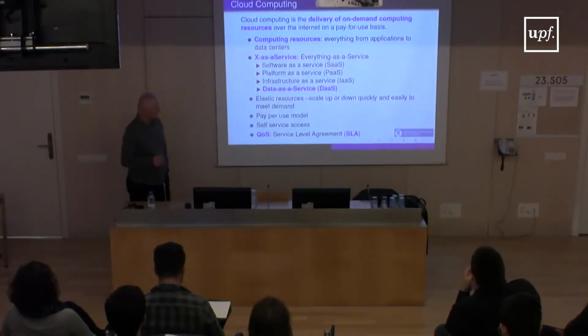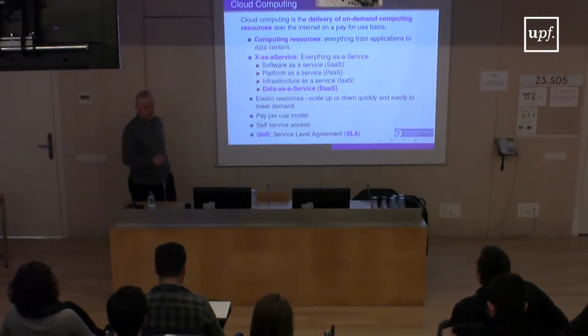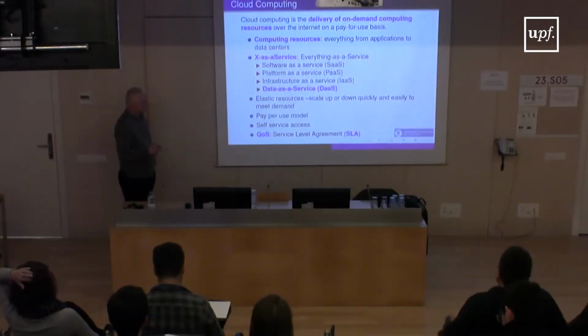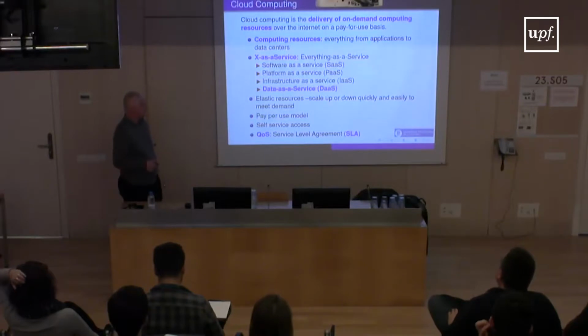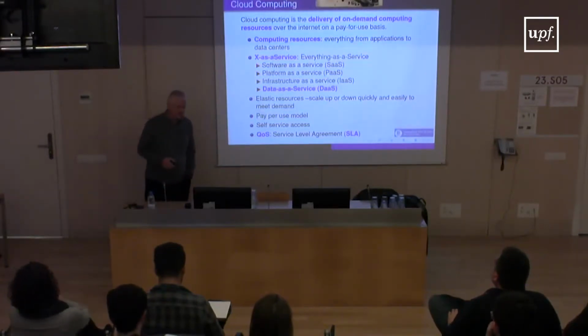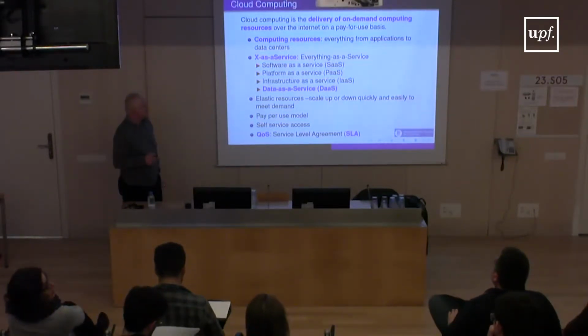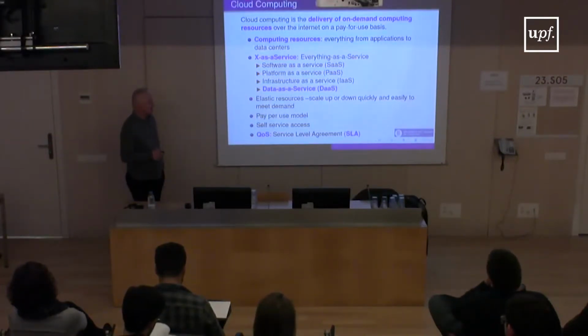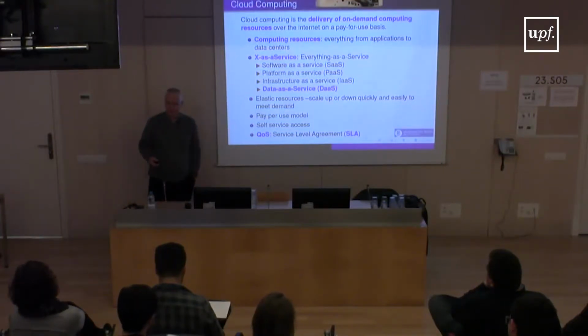And this is thanks to this stack organization. One of them actually is the data as a service, which I'll introduce later, right? So this organization into layers makes it possible that we can deliver on-demand computing at different levels and according to different needs. For example, there might be some users, an enterprise, that basically want to run existing software in the cloud.